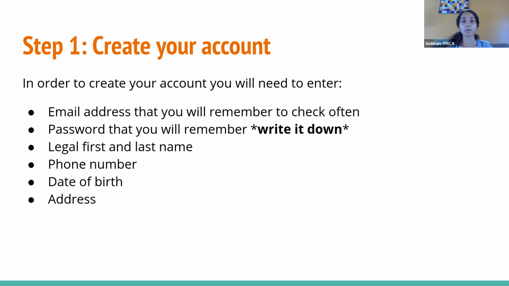Or if you have an email and you know the password and everything, you just don't use it often, use one that you have access to and make sure that you check it once you begin your college application process. So you need an email that you'll remember to check, a password that you'll remember. I highly recommend you write this down somewhere. Your legal first and last name, your phone number, date of birth, and address. That's all the basic information you'll need for creating your Common App account.